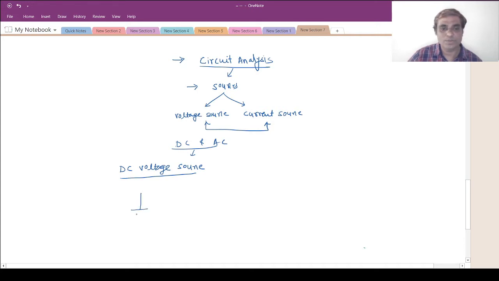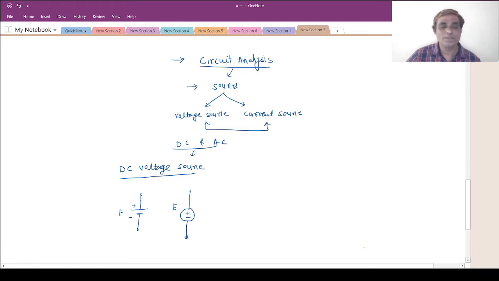There will be a positive terminal and a negative terminal, or something like this, positive, negative. This is positive, negative, this is also positive, negative. And some value, suppose E, here also some value, let us say E.